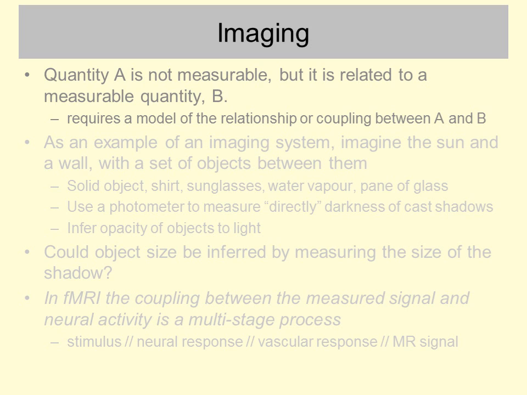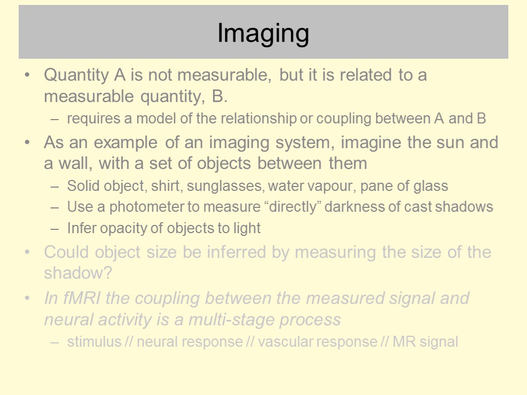Now, let's use an example. It's an artificial or arbitrary example, but it has properties that are true of all imaging systems. Imagine it's a sunny day, that'd be nice, wouldn't it? And you're standing near a wall, and the sun is shining on the wall, and you can place sets of different types of objects between the sun and the wall.